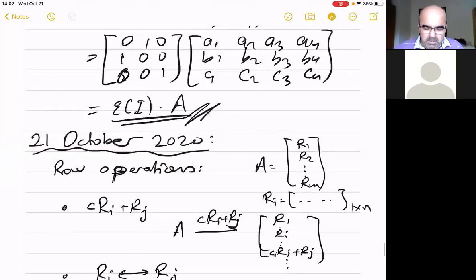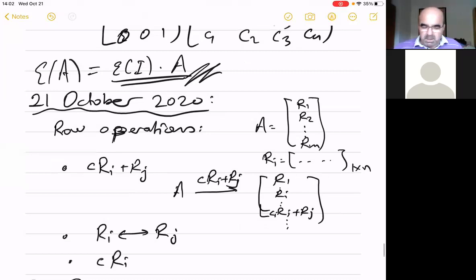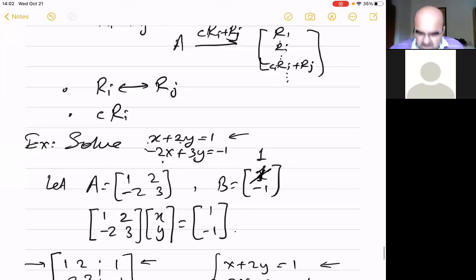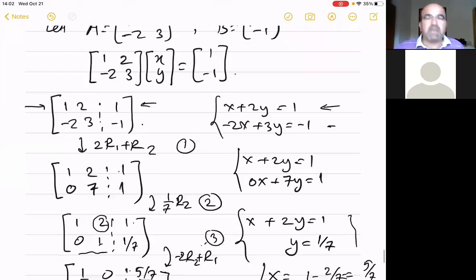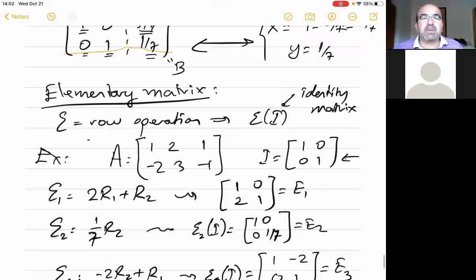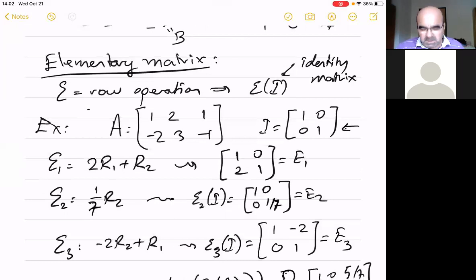So this was epsilon A. Epsilon A is equal to epsilon. Instead of applying a row operation to a matrix, it's the same thing as multiplying that matrix by another matrix.